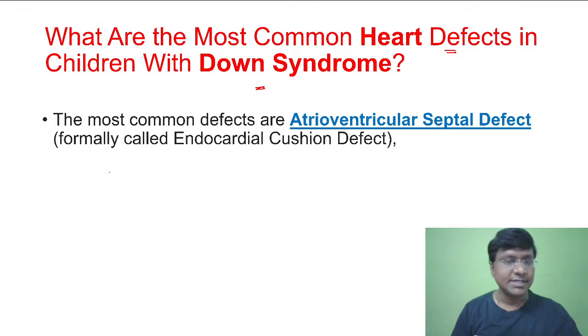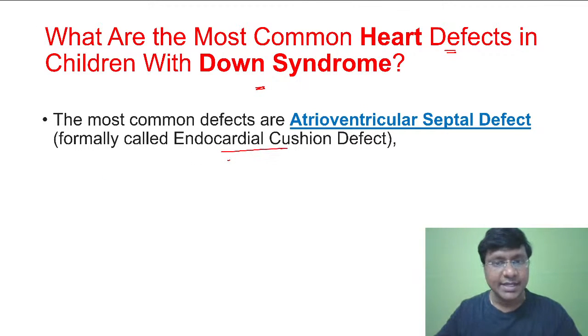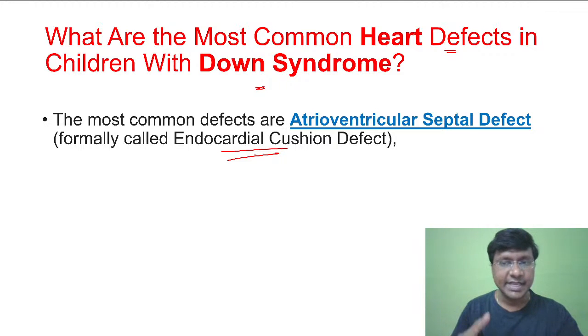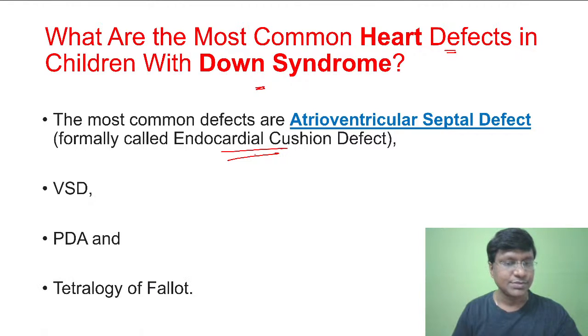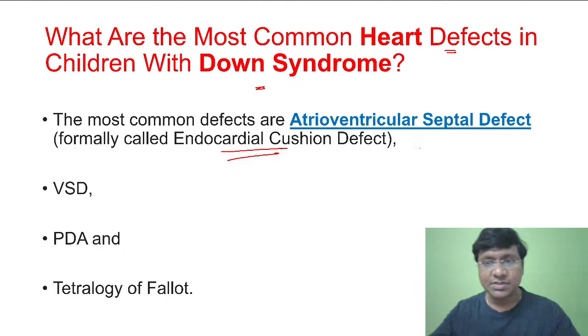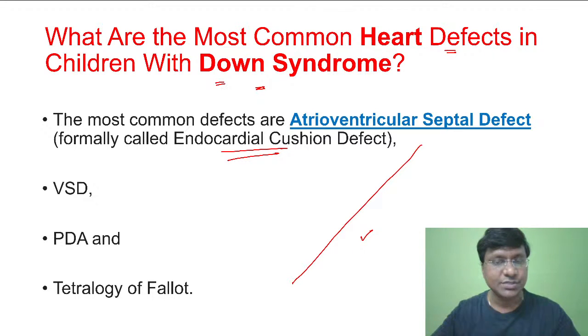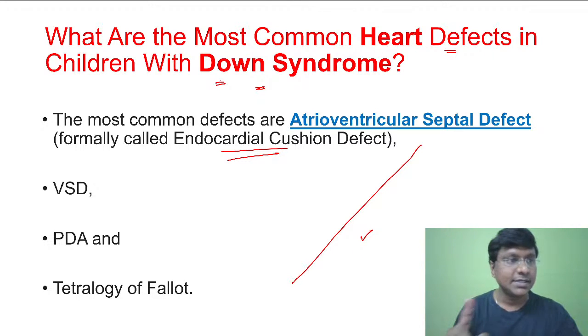The cardiac abnormalities associated with Down syndrome are endocardial cushion defects, that is atrioventricular septal defect, that is one. Then VSD, patent ductus arteriosus, and tetralogy of Fallot. These are the cardiac abnormalities seen with Down syndrome, but not coarctation of aorta.